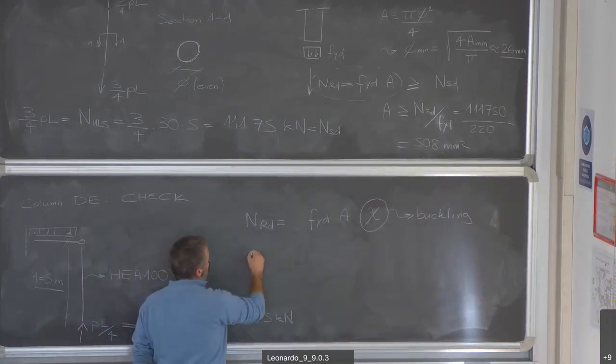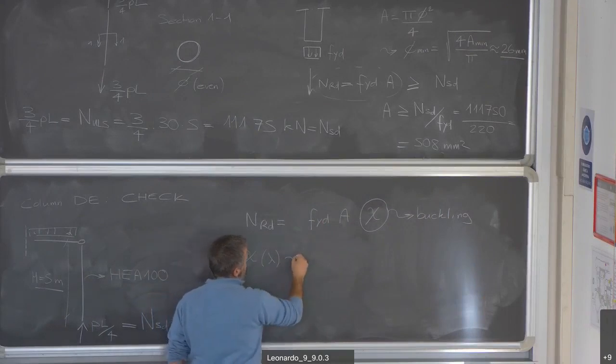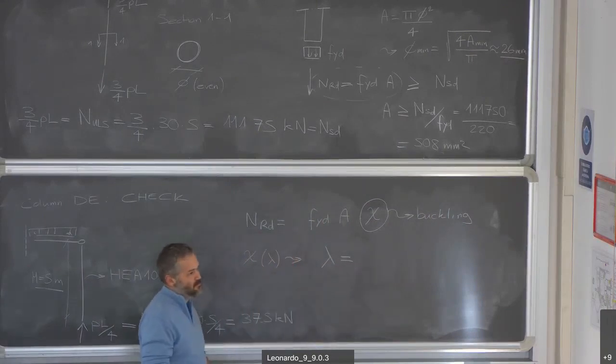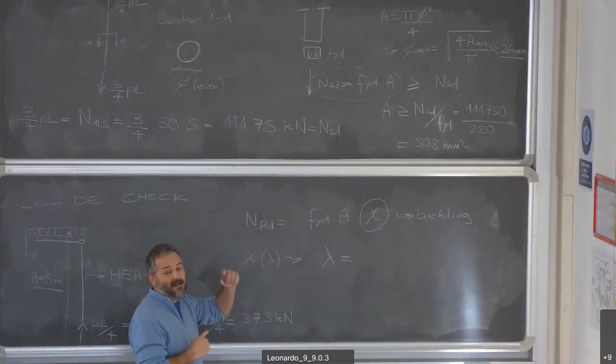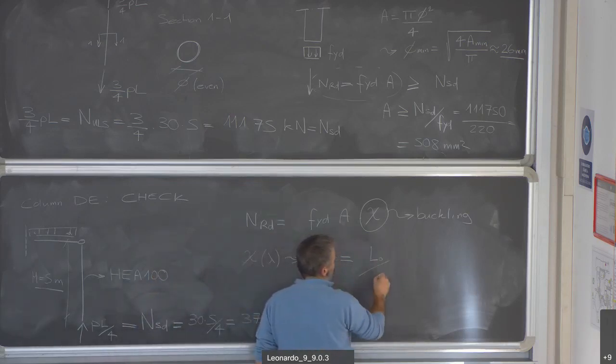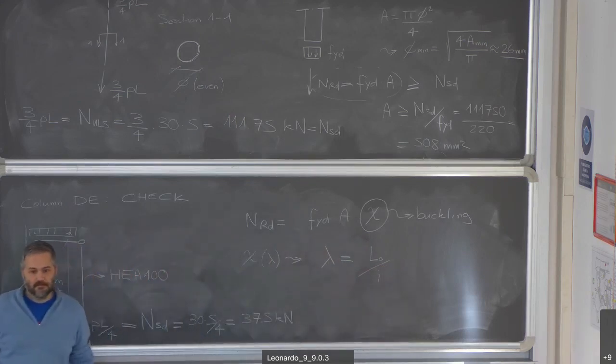It is a function of the slenderness, whereby the slenderness we know is buckling length L0 divided by radius of gyration. Okay?